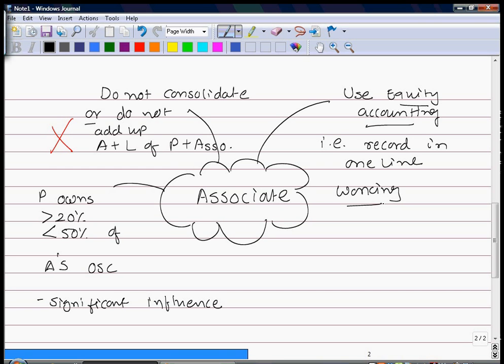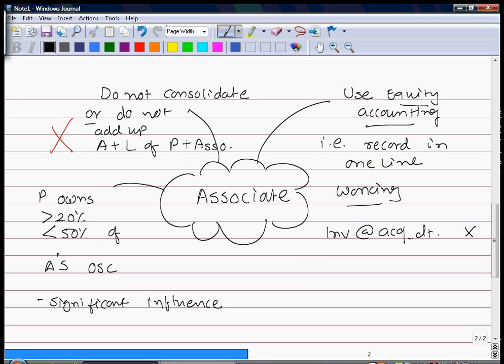Well, this one line will come from a working, so you will need to do a working for that. What kind of working? Well, you will need to find the investment in associate at the date when you are preparing the financial statements, which is the year-end date. How do you do it? Take the investment which you made at acquisition date, when you bought the shares in associate.